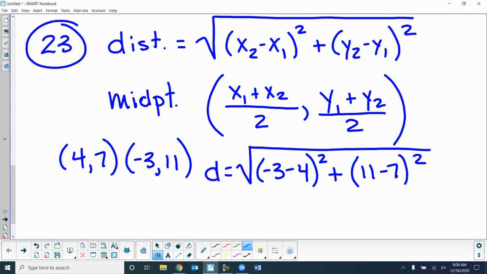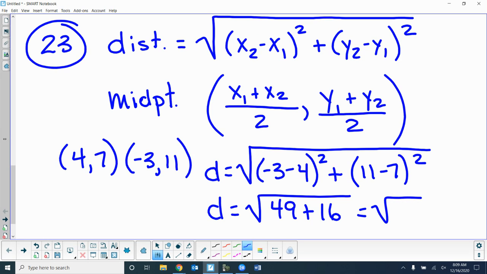Okay? So -3 minus 4 is -7. When I square it, that's 49. And 11 minus 7 is 4, squared is 16. So that'd be the square root of, what is that, 65?